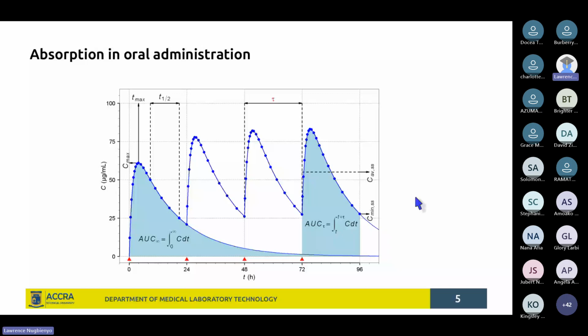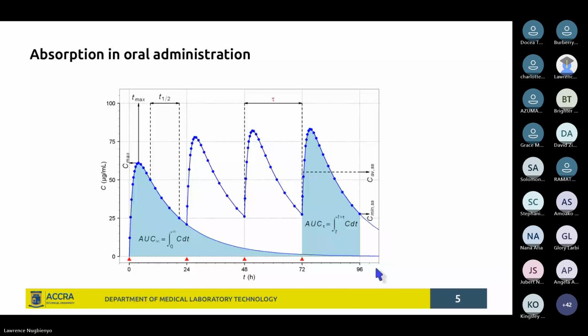Now, what you see on the screen is a concentration curve against time, that is if the drug is taken in by oral administration. We're looking at a concentration of the drug substance in the blood over a period of time. So this is looking at it over a period of 96 hours.